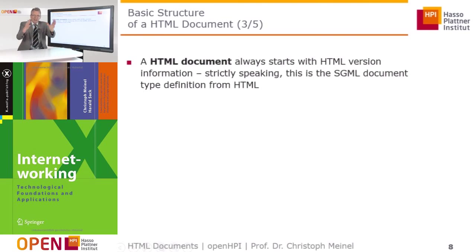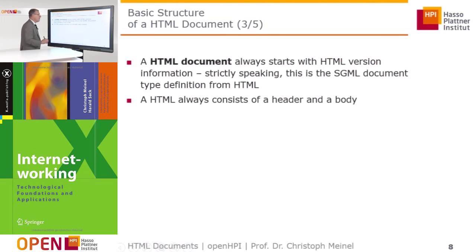If we look at the structure of an HTML document, then such an HTML document always starts with the HTML version information. And for specialists, this version information is the SGML document type definition from HTML. An HTML document always consists of two parts, a header and a body.